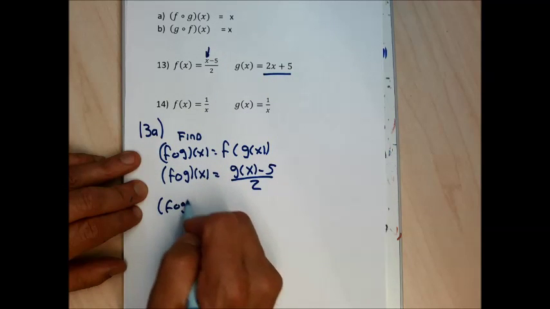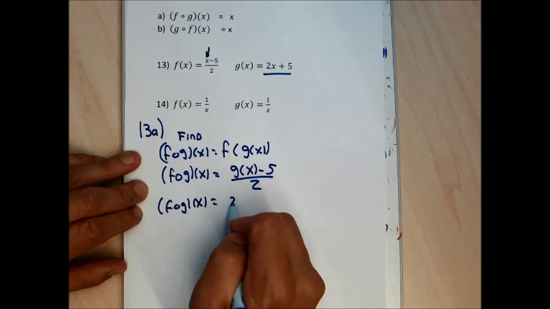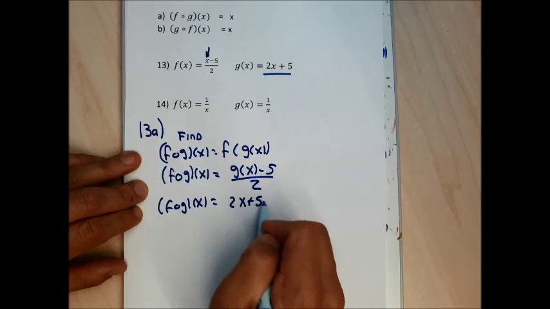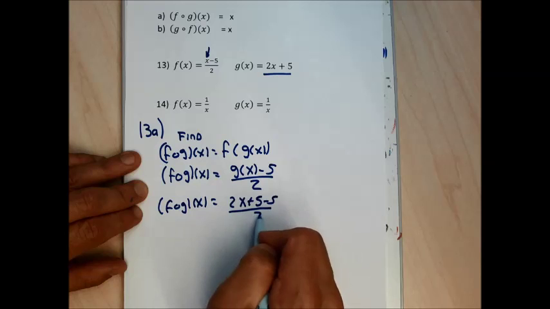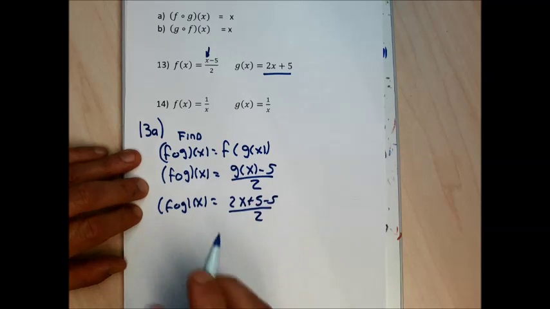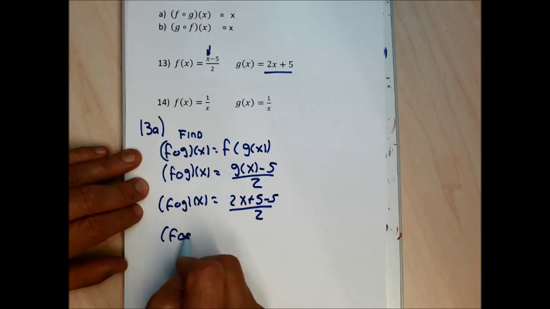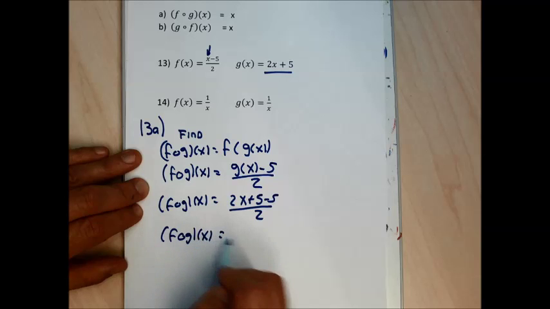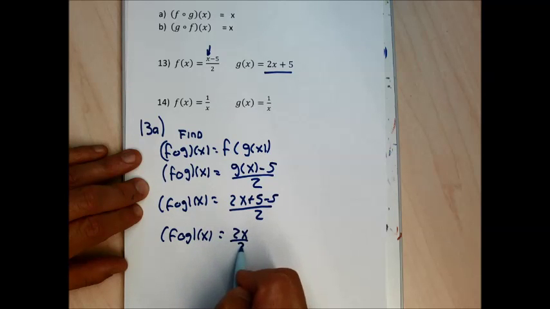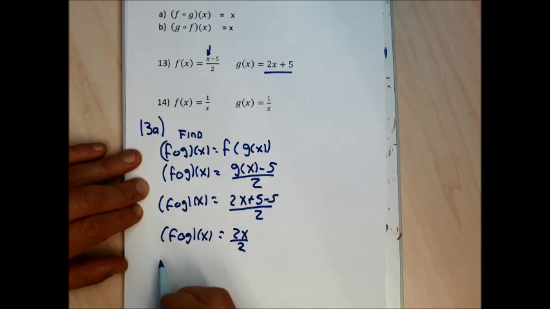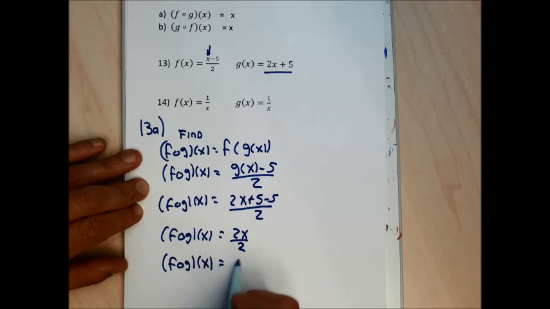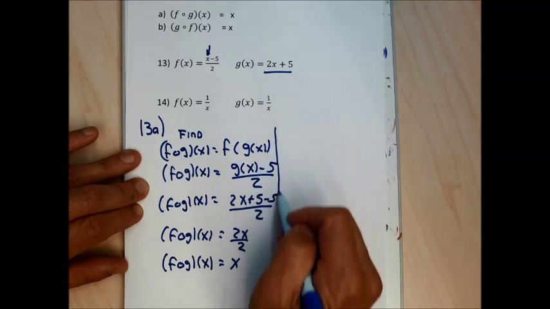So I'm going to get f composed with g of x equals 2x plus 5 minus 5 over 2. These 5's cancel, so I'll get f composed with g of x equals 2x over 2. The 2's cancel, makes it so I don't need the fraction, and I get f composed with g of x equals x.